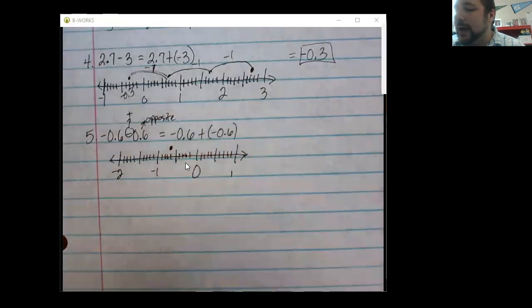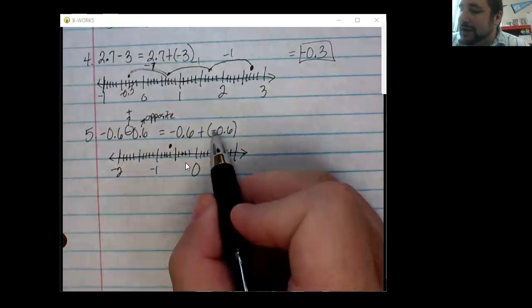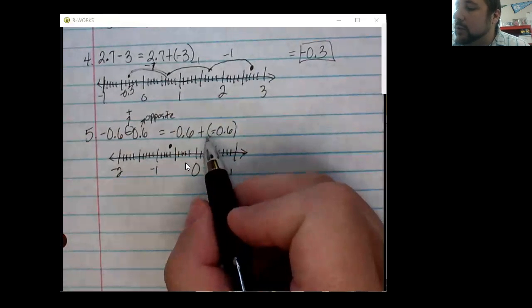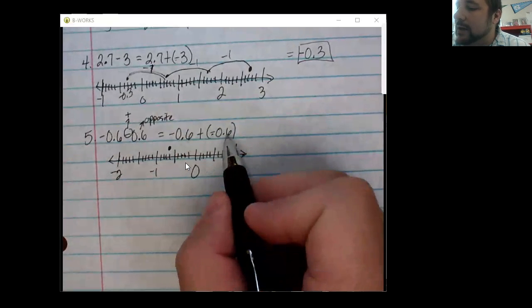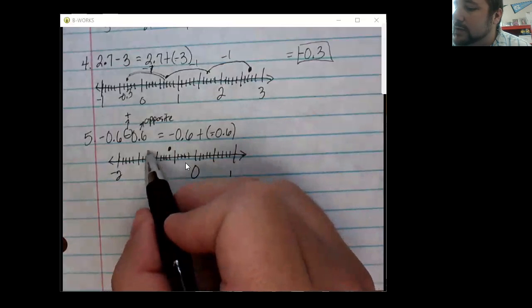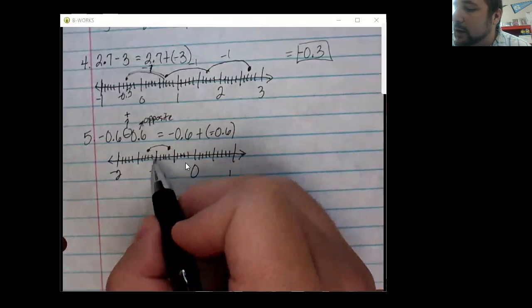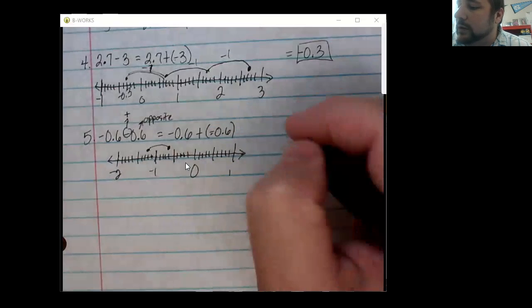So this is our starting line. And we're going to go to the left because this number is negative. So that means we're going to go left 6 lines to make negative 0.6. 1, 2, 3, 4, 5. This is 6. So we end up at negative, here's negative 1, negative 1.1, negative 1.2.